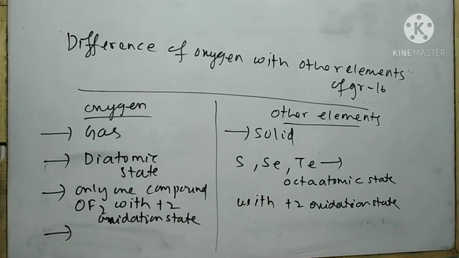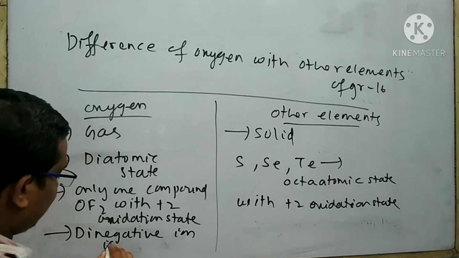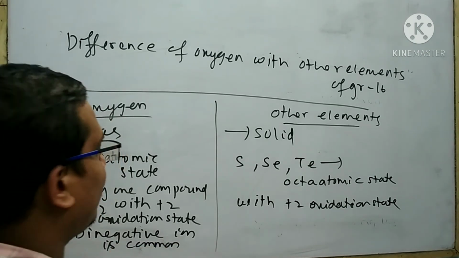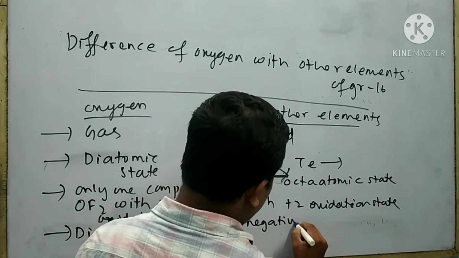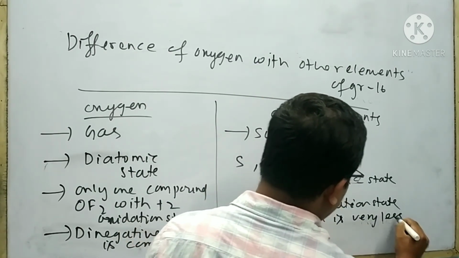In the case of oxygen, the di-negative ion is common, but in the case of other elements, the di-negative ion is very rare.